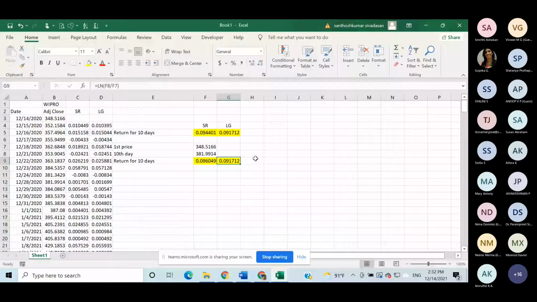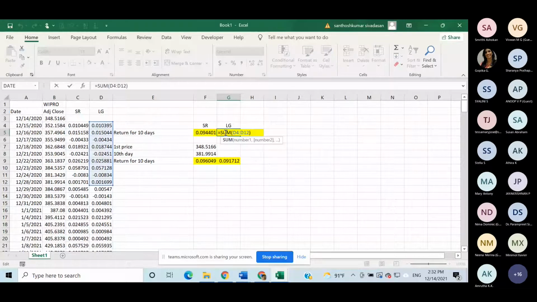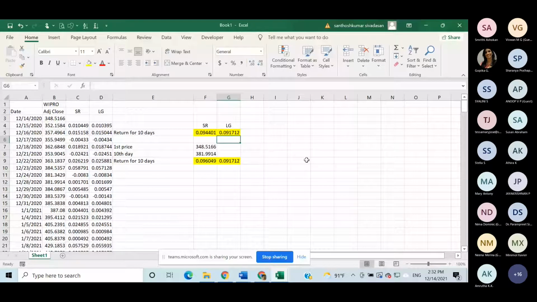When you take a total of the return for 10 days, in daily return you made a total, so the total is this. The formula is this. This one you totaled, so you got 0.091, the 10 days return.